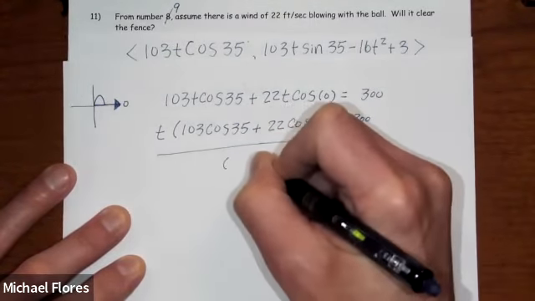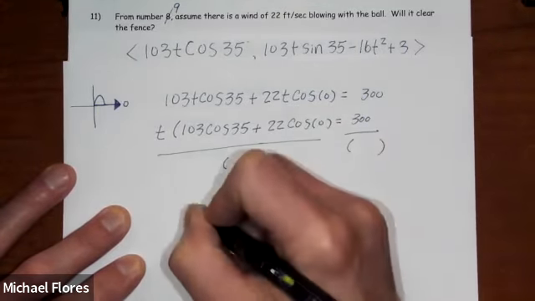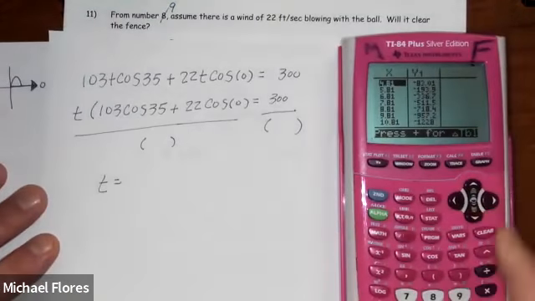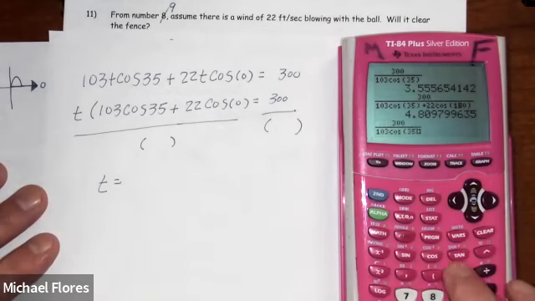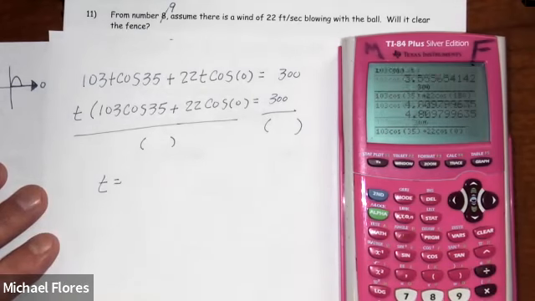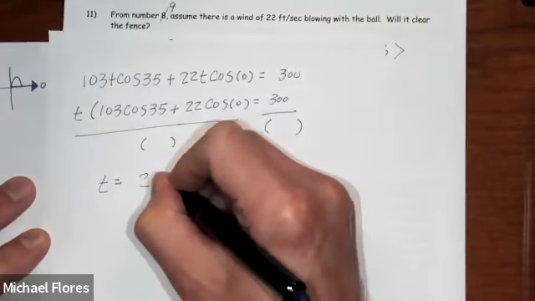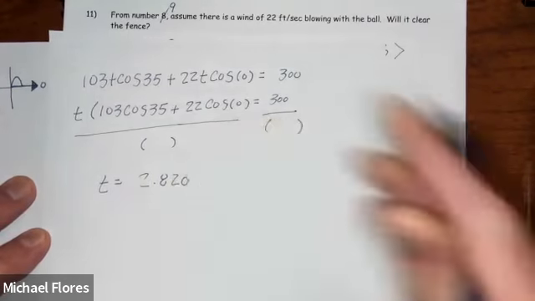Divide both sides by what we have in parentheses there. Now that the wind is blowing with the ball, it will take 2.820 seconds.